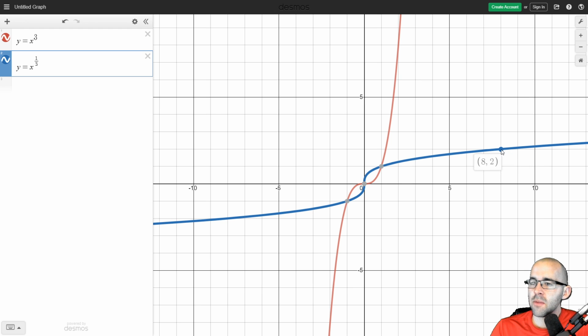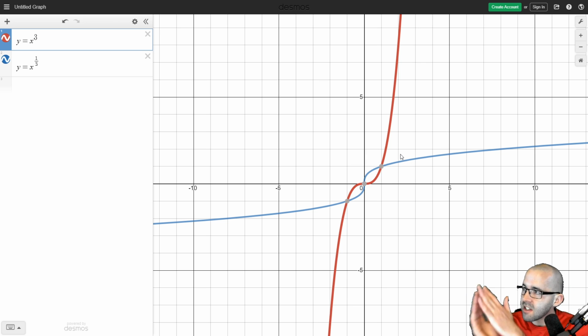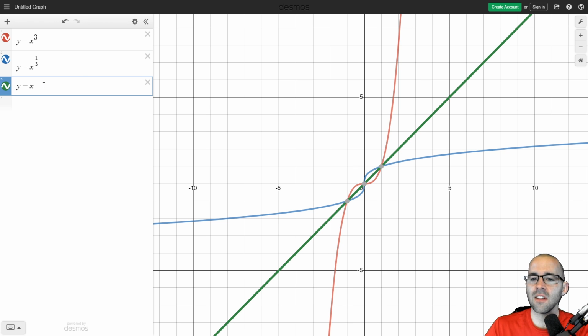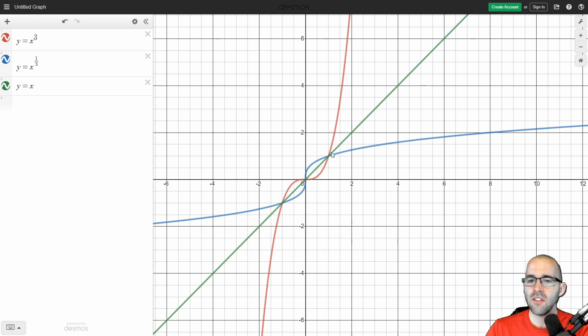Right here, we have the point 8, 2. So over here we have the point 2, 8. And that's going to extend to all inverse functions. They're essentially reflections, and specifically they're reflections about this line. These two functions are going to be reflections around the green line.